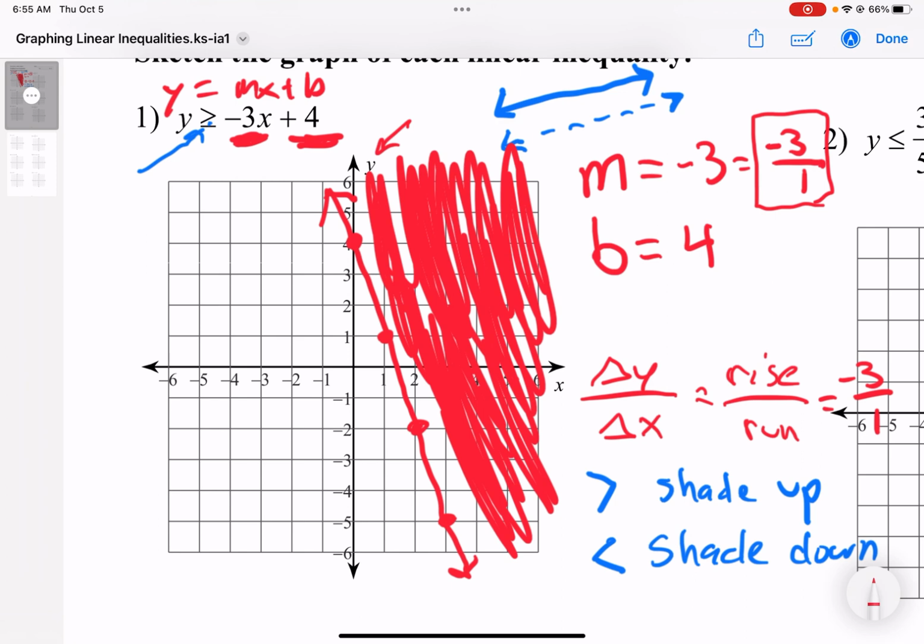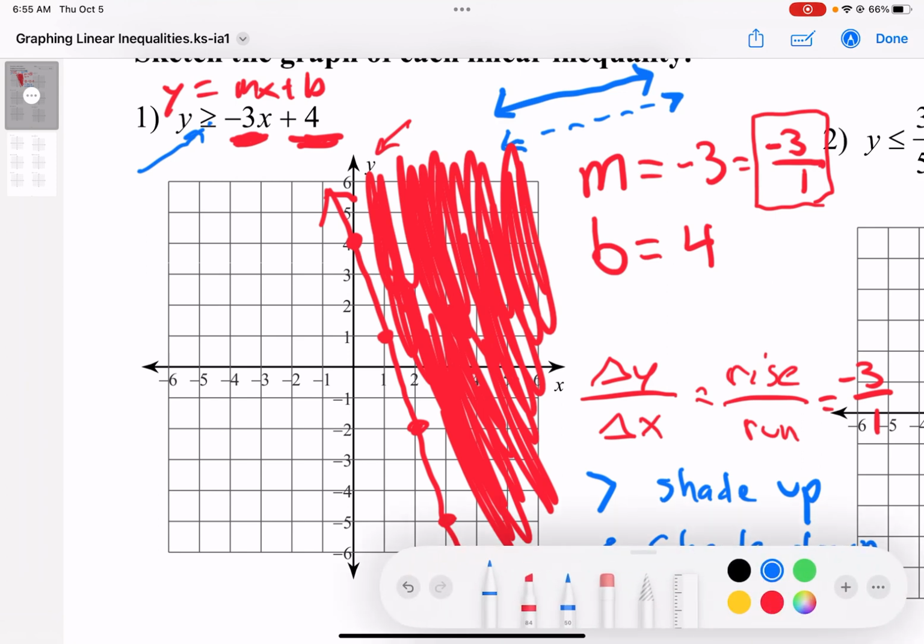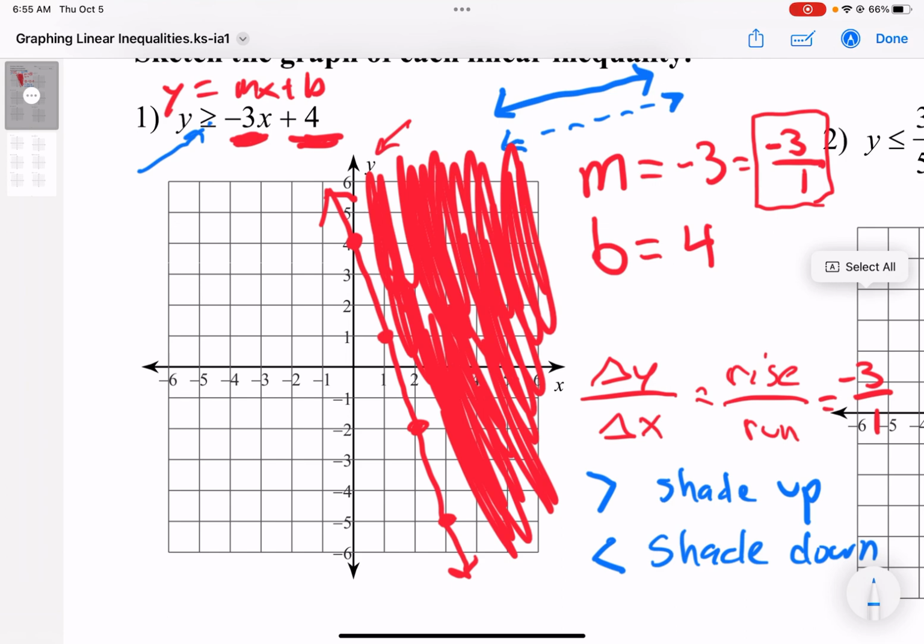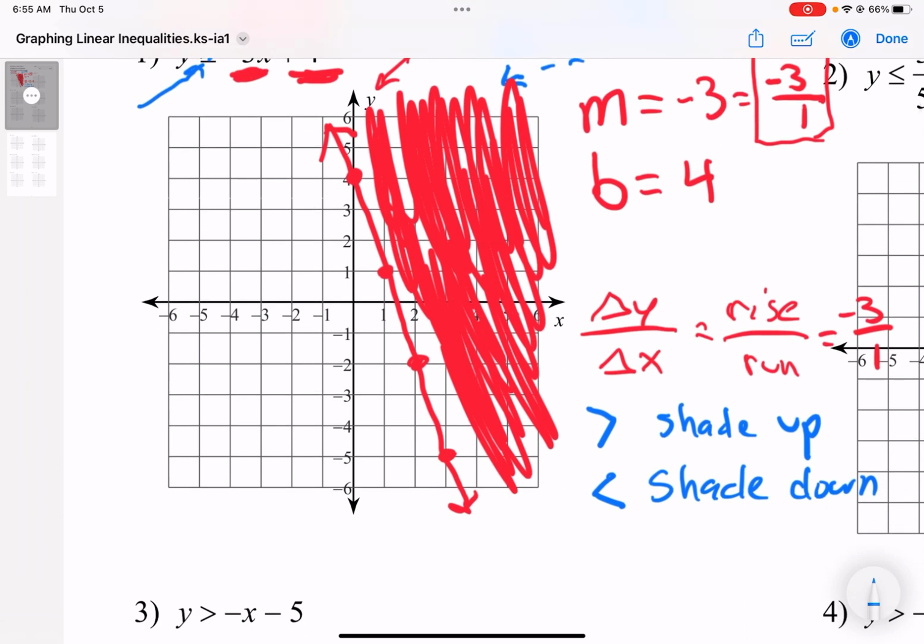But I want us to understand what this means. This means that any point that is on the line, because it's a solid line, or in the shaded region, would satisfy the inequality. So let's say I pick this point right here, that blue point. I'm going to call it A. A definitely satisfies the inequality, right?